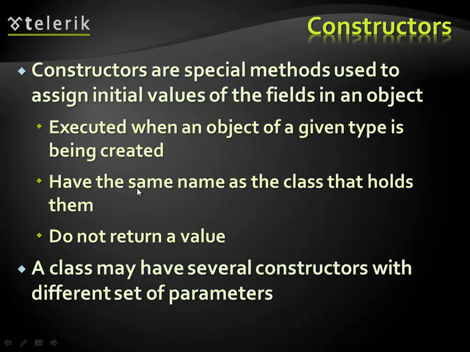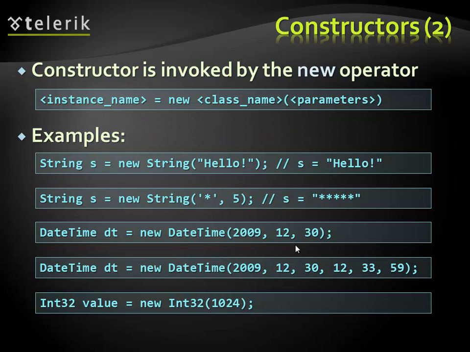They must have the same name as the class, and they do not return a value. A class can have a few constructors with different structures, with different parameters that instantiate it in a different way. And they can be also related to each other. I guess we'll see a lot of constructors. Constructors are invoked by the new operator. So every time you see this new and this string, for example, this is actually a method call.